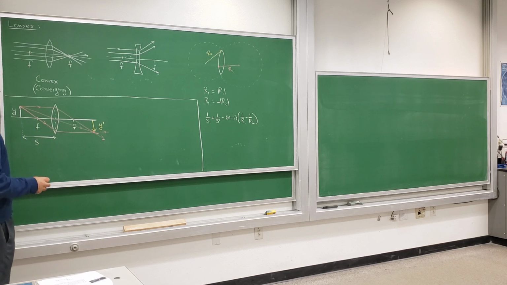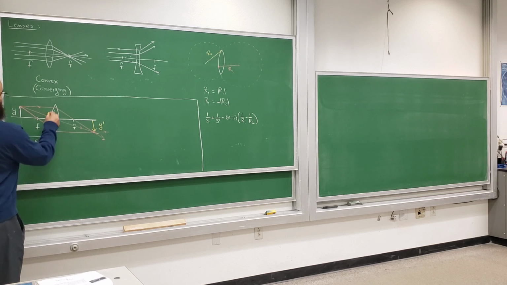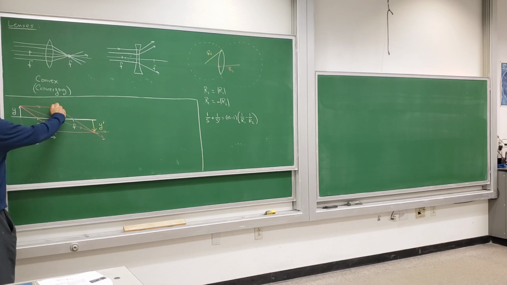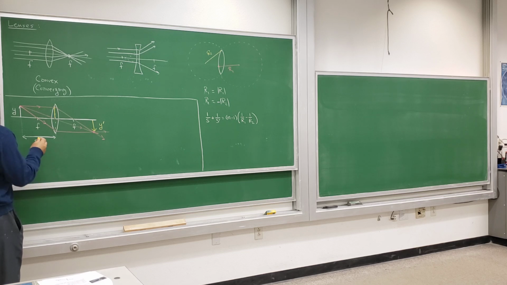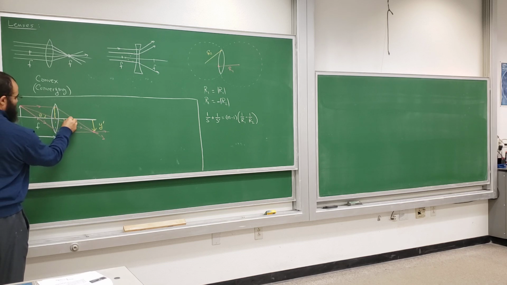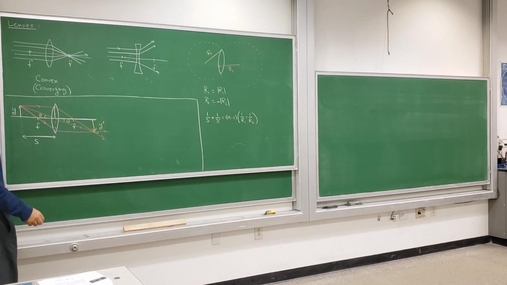Now, what's this distance from here to here? That's y, yeah, this is parallel. Right. So here's what I'm going to do. I'm going to name this angle here theta. So this angle will also be theta, right? You agree with that? Okay. So notice the following.